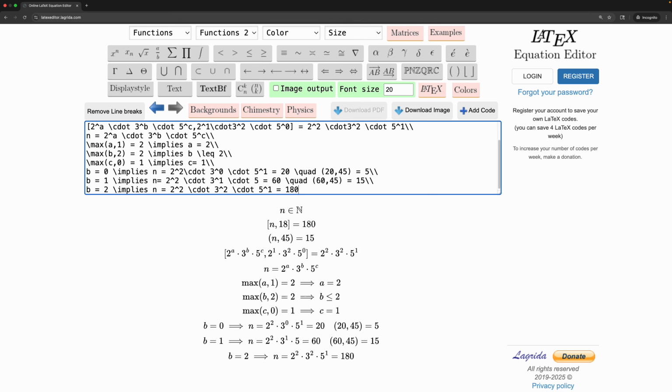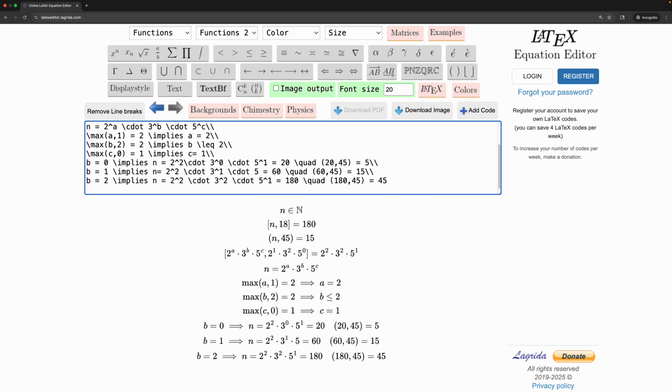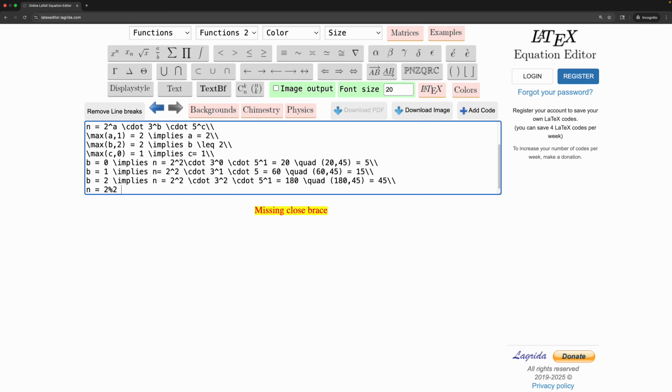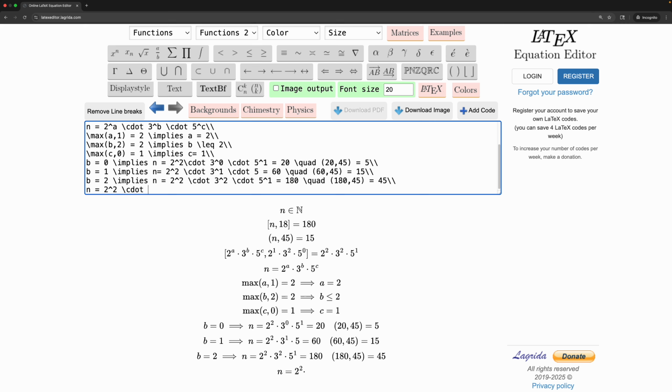Here we get 180. This one doesn't work because the greatest common divisor of 180 and 45 is 45. So b must be 1, which means that n equals 60.